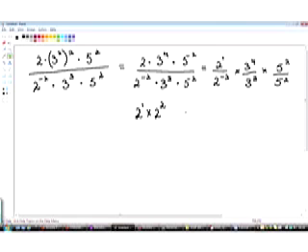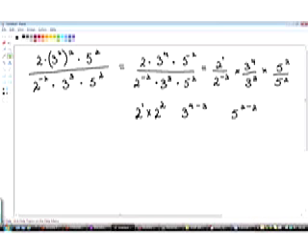Next thing, the other part becomes 3 to the power 4 minus 3, and the next part becomes 5 to the power 2 minus 2.